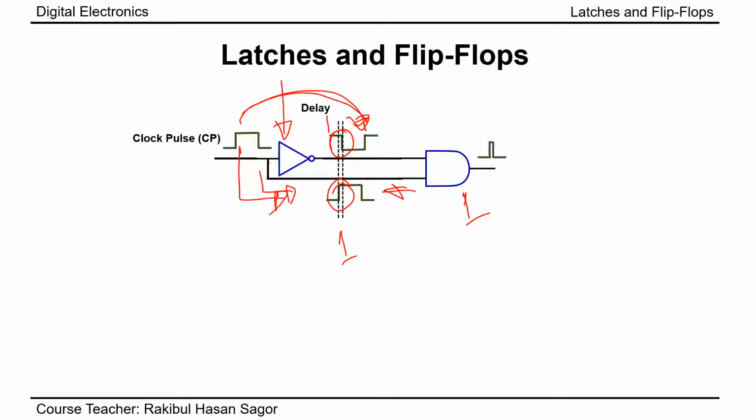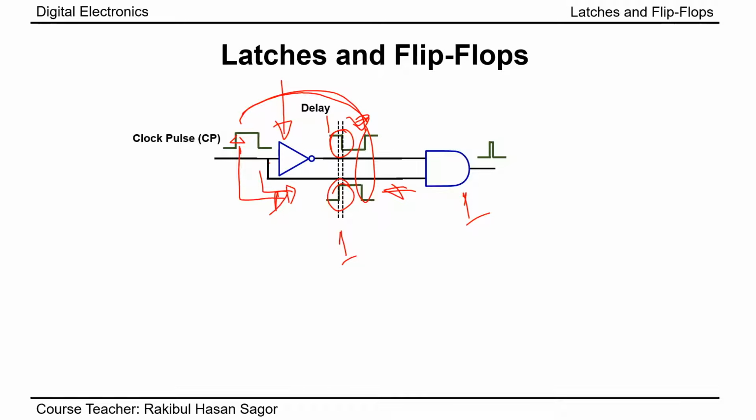So we'll get a glitch like this whenever the clock pulse goes from 0 to 1. It happens only when the clock pulse goes from 0 to 1. In this other period both are 0, so the output will be 0.